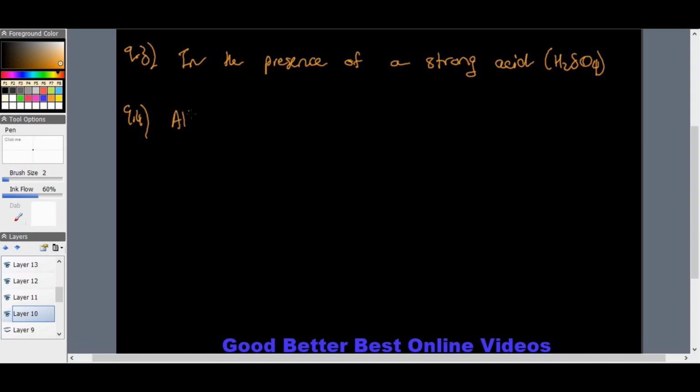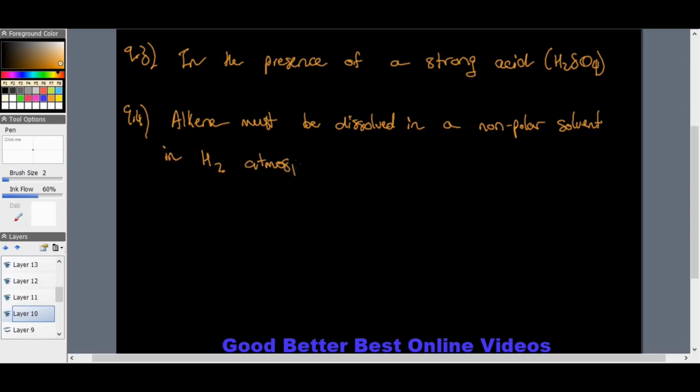Okay, one of those must be the alkene must be dissolved in a non-polar solvent. In H2 atmosphere, so in the presence of hydrogen, H2 atmosphere, and there must be the presence of a catalyst.